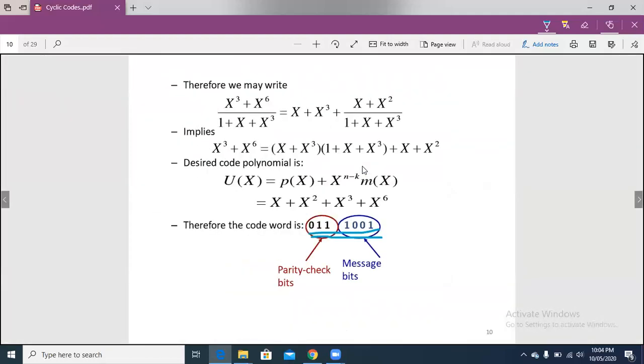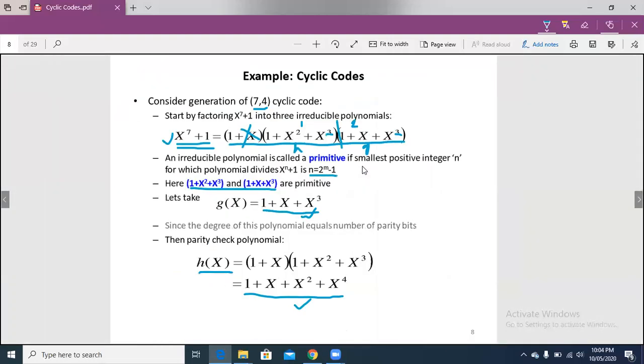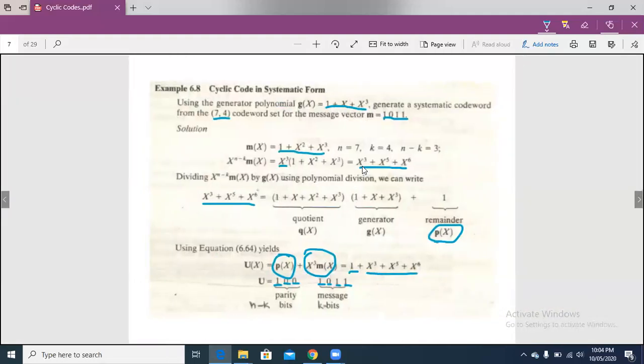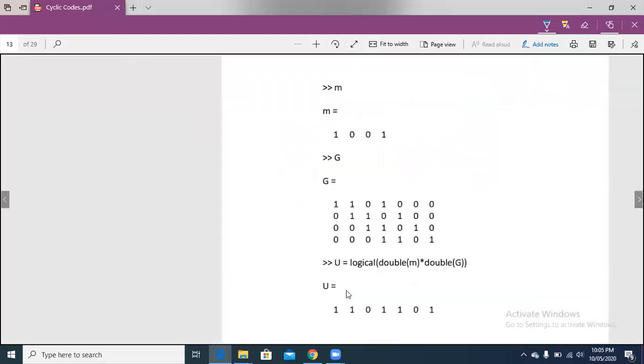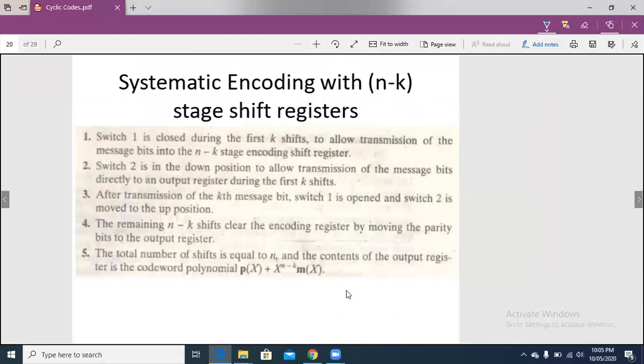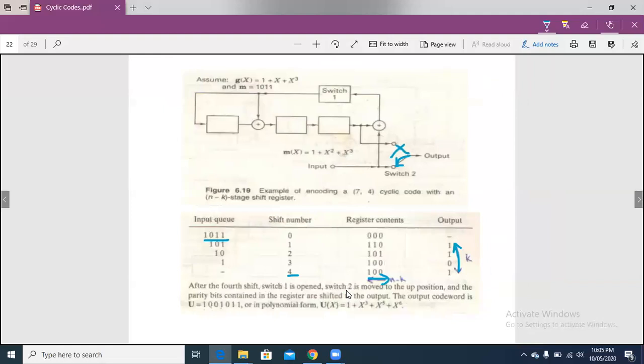Yes, in this example 1001011 here. So this is in fact the divider circuit for the polynomial.